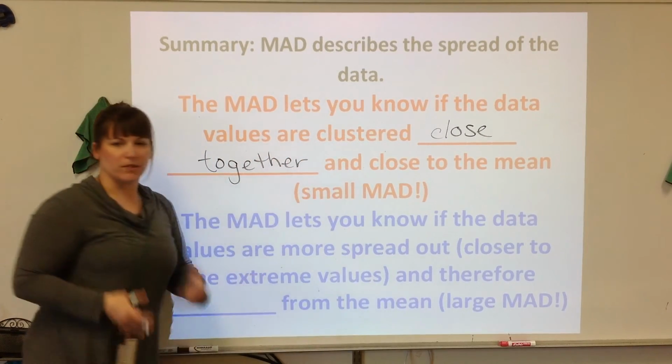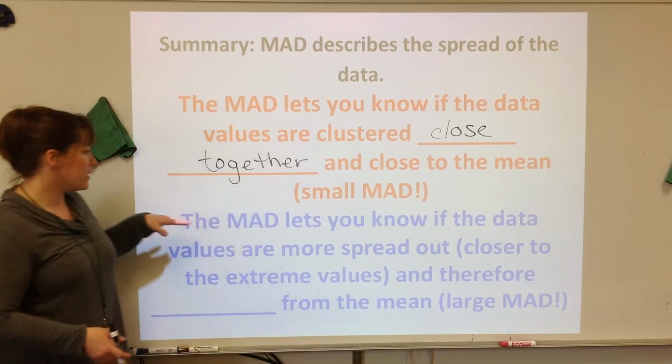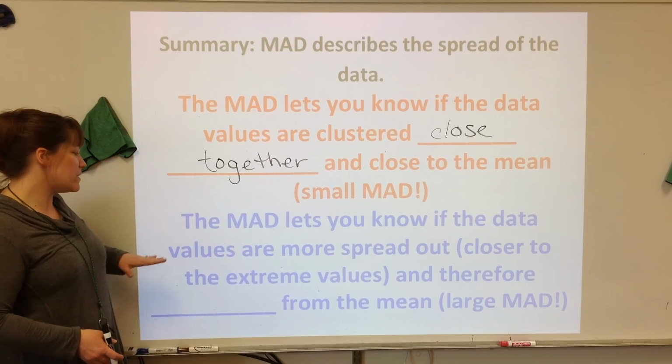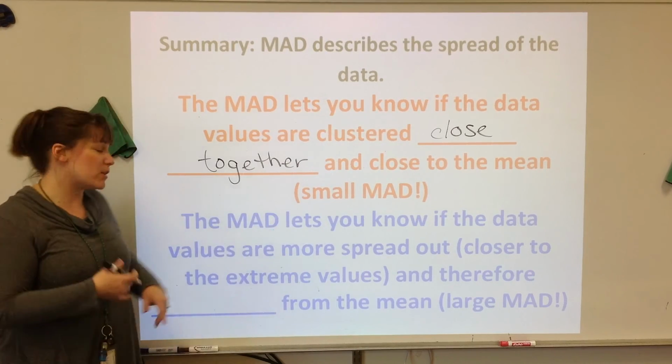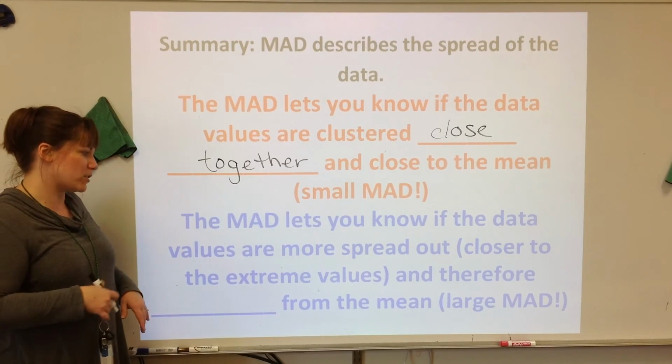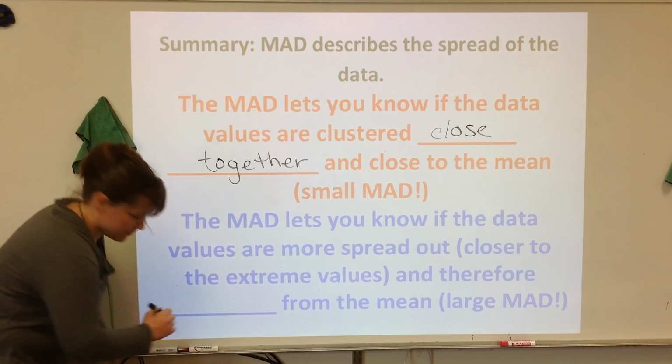So a little bit of repeat, but this is the summary at the end. If it's a larger MAD, when you're comparing, it lets you know if the data values are more spread out. They're closer to the extremes, if you look at that graph that we just looked at, the line plot for Lena, and therefore they're farther from the mean.